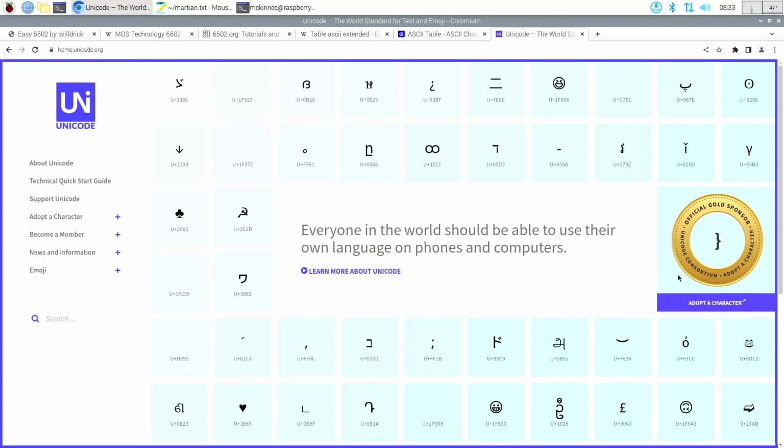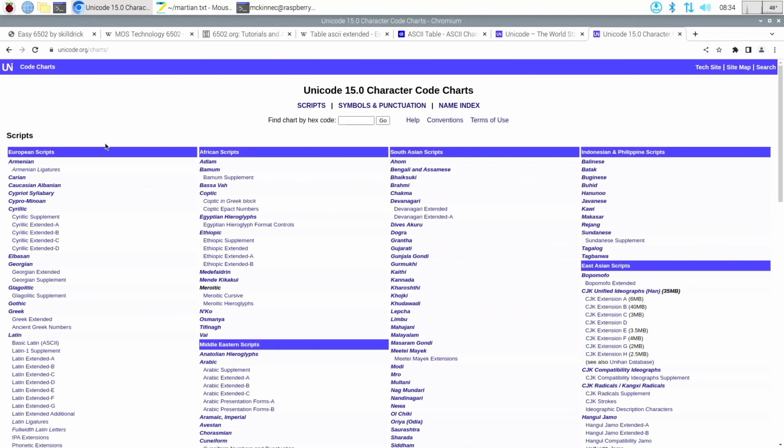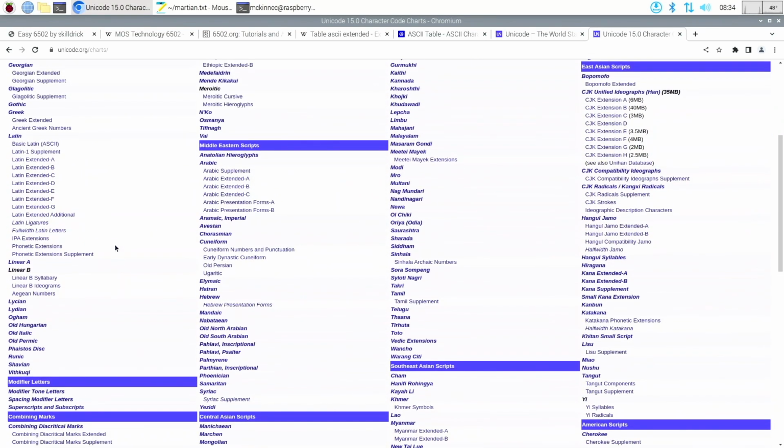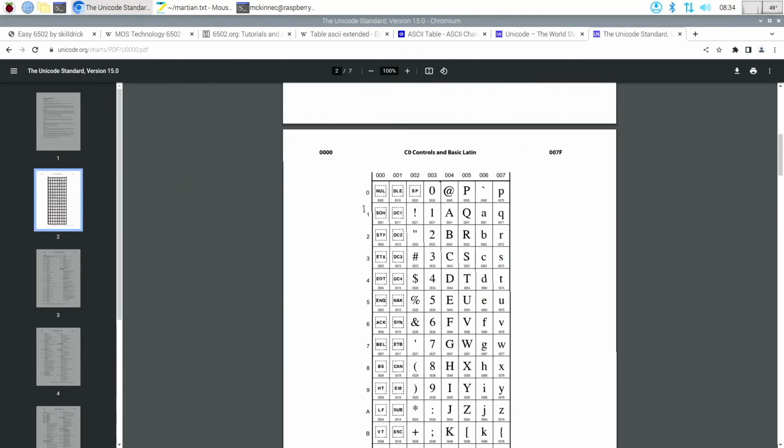So every character that you can think of is assigned a 32-bit number, and let's just find the code tables here. ASCII is built into this, so basic Latin is ASCII, and it is still part of Unicode.